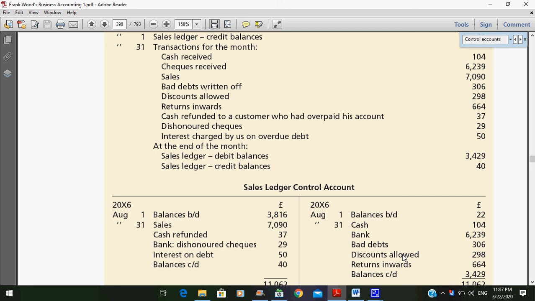Good? Now, also, if you check it out, the discount allowed account will have what kind of balance, by the way? Asking all of you, what kind of balance does the discount allowed account have? Can anyone answer me?